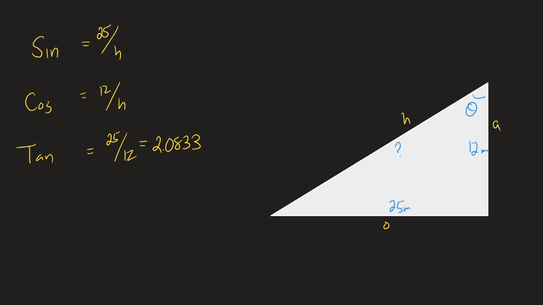So your step here, step number 2, after you've done your ratio, is do the inverse trig function that goes with your current ratio. Our current ratio is tangent. So do the inverse trig function that goes with your current ratio.